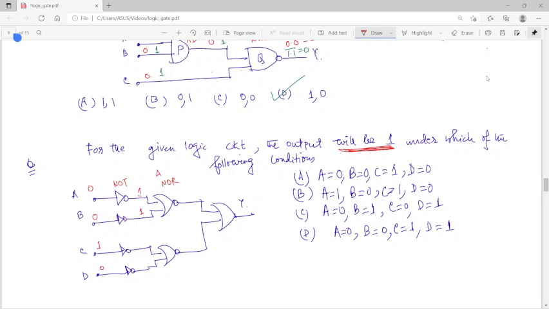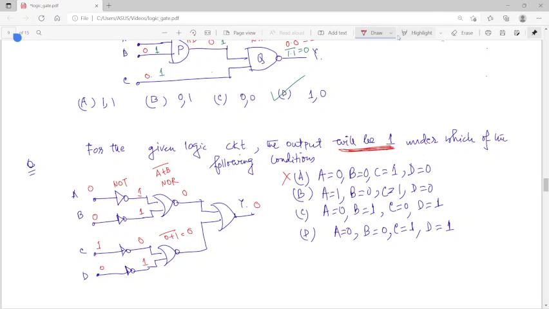For the gate, the output is A plus B bar, so 1 plus 1 bar will give you 0. And this is 0 plus 1 bar, that means 1 bar, that means 0. So that will give you 0. I am not getting output as 1, so the first option is not correct.